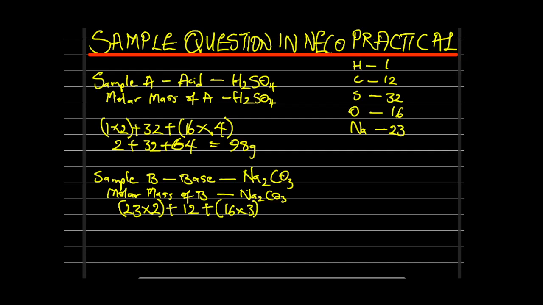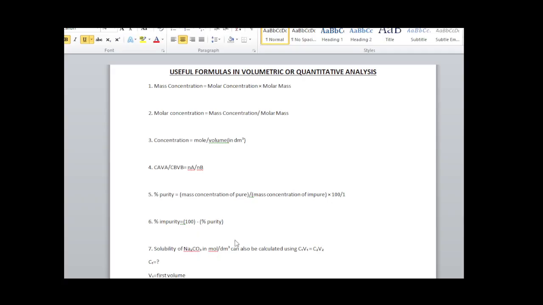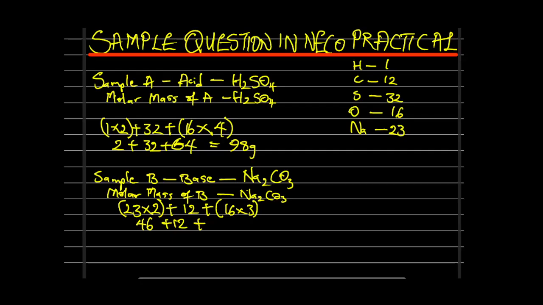So 23 times 2 is going to give us 46, plus 12, plus 16 times 3, which is 48.